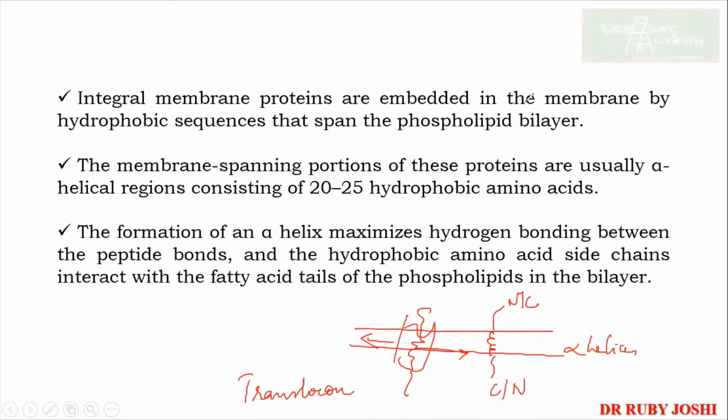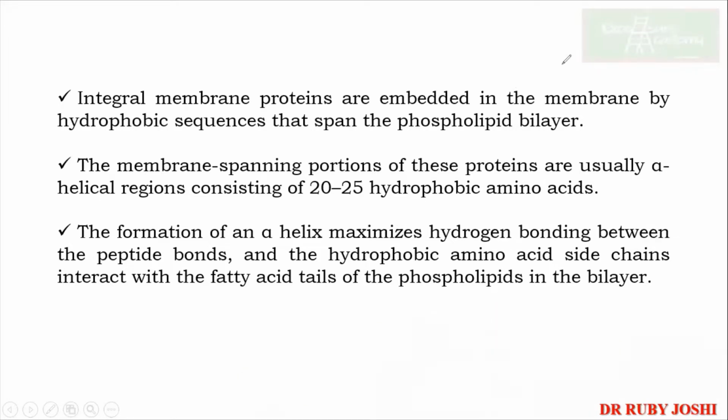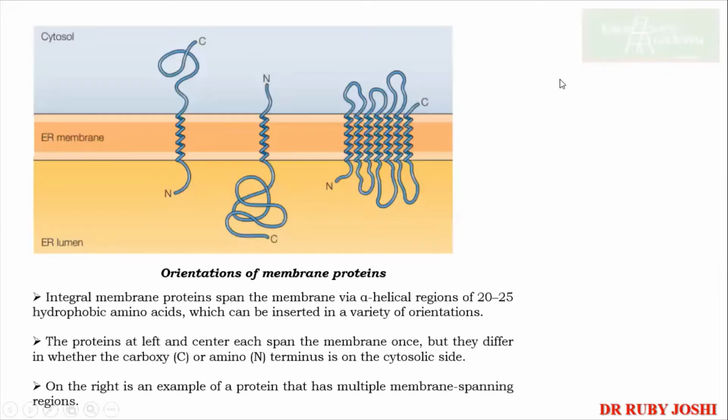Okay, so in this lecture I have the figure as well, for better understanding. These are the orientations by which the proteins get inserted into the membrane. Either you can have the N terminal in the lumen and the C terminal in the cytoplasm, or the opposite, N here and C here. And you can also see that there are transmembrane proteins.